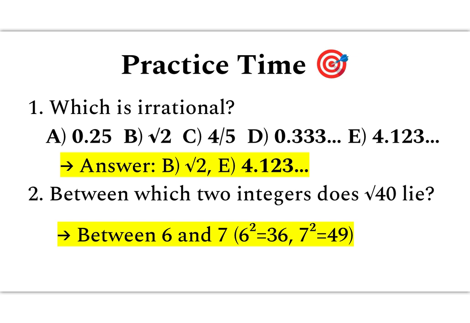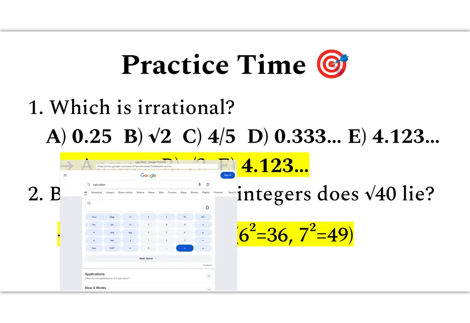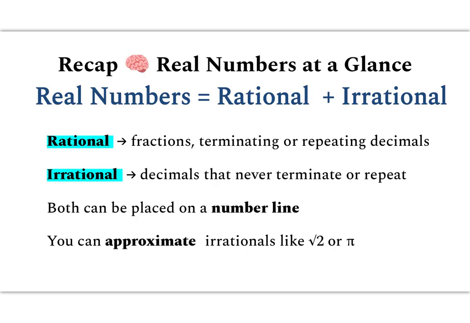So the answer could possibly be 6.3 or so. The actual answer on the calculator is 6.324, etc. And we can use 6.32 or 6.3 as our estimated number.